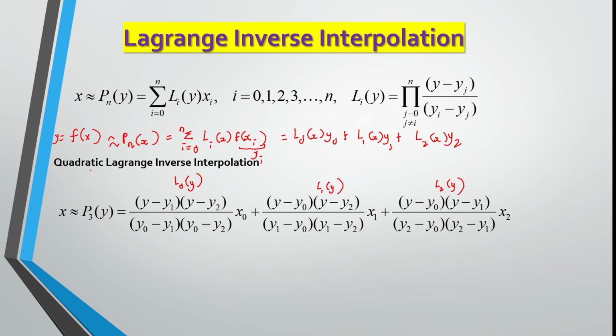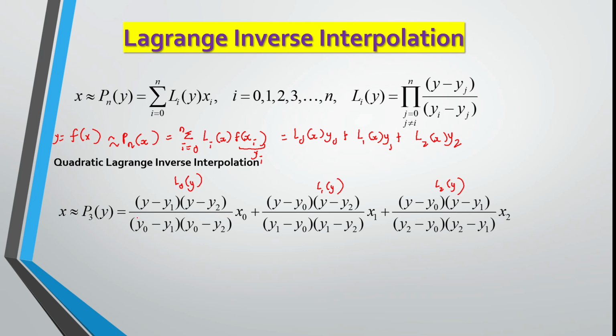Given y, if you want to approximate x back using a polynomial of degree 2, then you have L naught y x naught plus L1 y x1 plus L2 y x2. L naught y is, in the numerator, y minus the points other than number 0: y minus y1 multiply y minus y2.